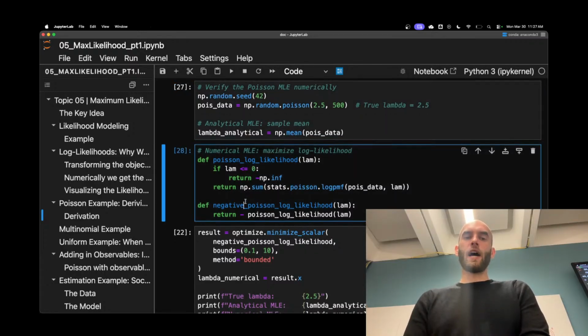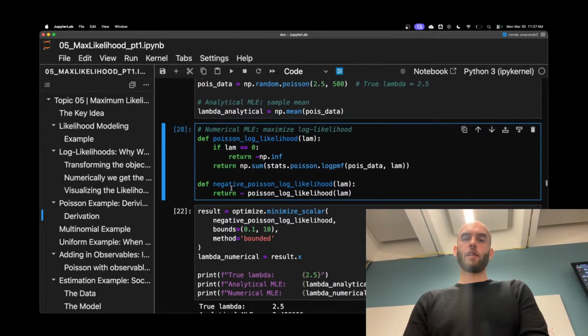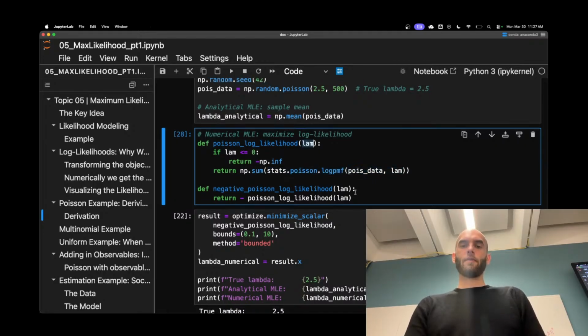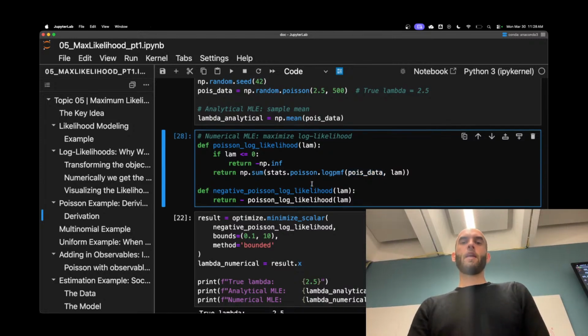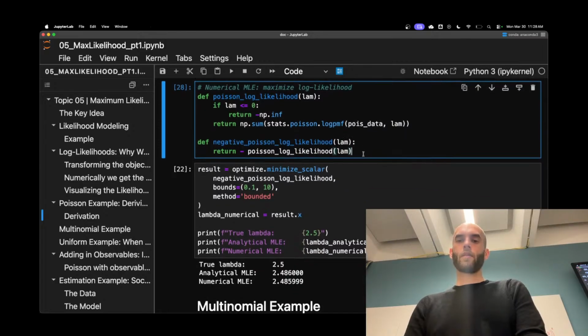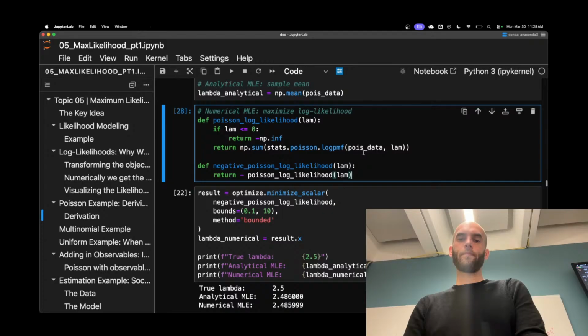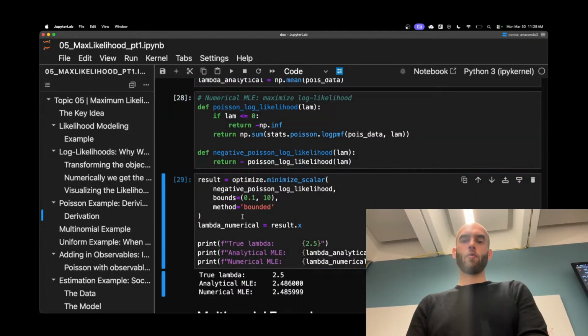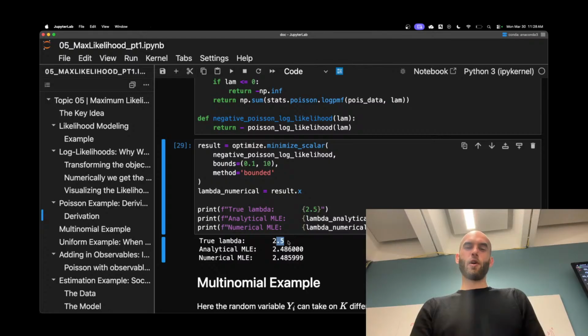Then I define a Poisson log likelihood, which is the exact same thing: we sum over each of the Poisson log PMFs, putting in the lambda value and submitting the entire Poisson data set. We leave lambda as the parameter so we can optimize over it, and this is just the negative. The true lambda is 2.5.